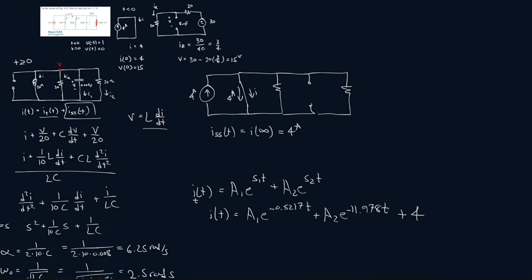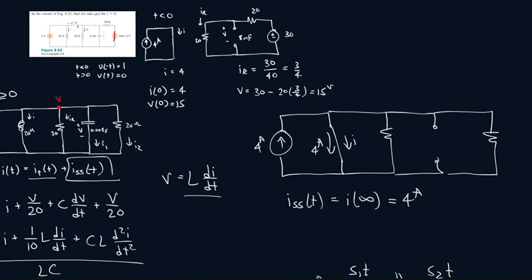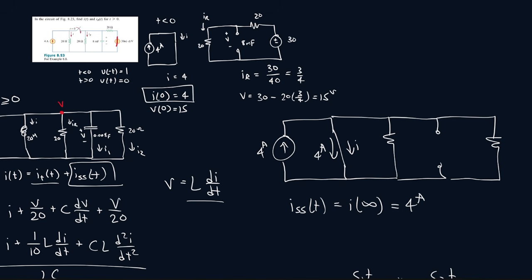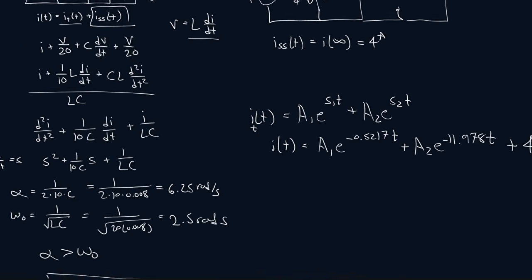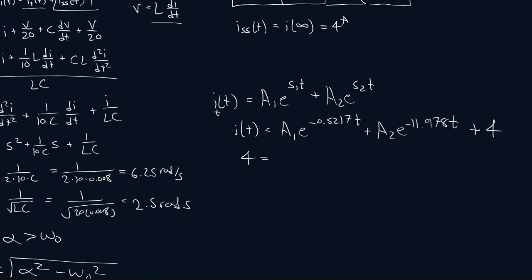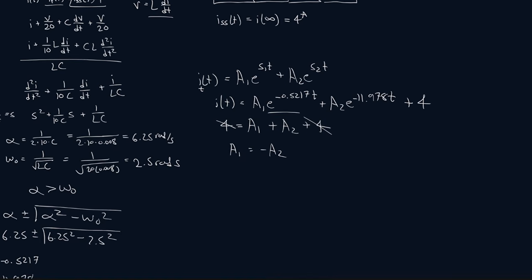So recall that when t was equal to 0, I was equal to 4. So we'll just plug that into here. Obviously this turns into 1 plus A2 plus 4. And now this and this just cancel each other out. So that means A1 will be equal to minus A2. Now, we have one equation and two unknowns.